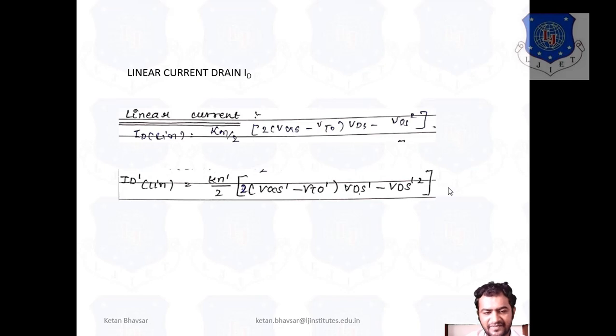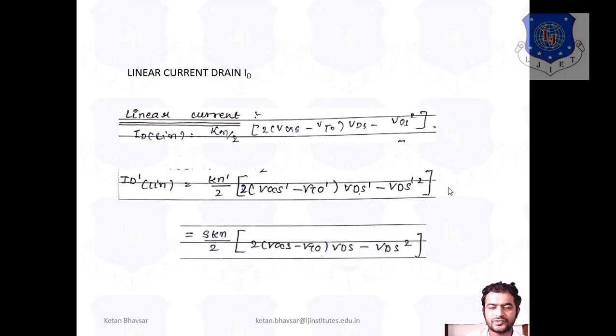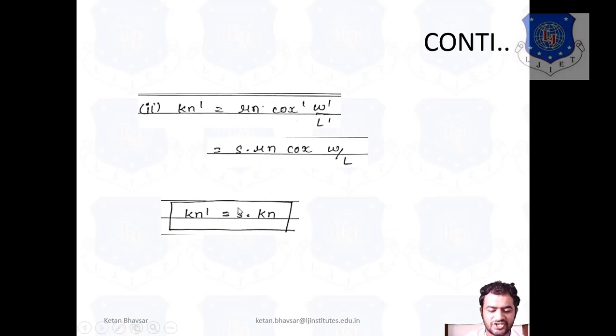For the linear drain current ID, we have the equation ID is equal to μn Cox by 2 W by L, 2 into VGS minus VTO into VDS minus VDS squared, and we consider here Kn is equal to μn Cox W by L. So we have the equation for the linear drain current, ID linear is equal to Kn by 2 into VGS minus VTO into VDS minus VDS squared. Now it is scaled by the factor S. So, as you can see, S into Kn by 2, because all the voltages remain constant, Kn' is equal to S into Kn, which we can see in this particular equation.